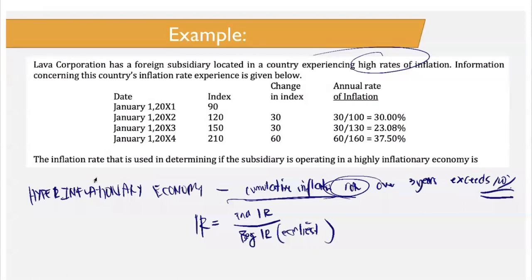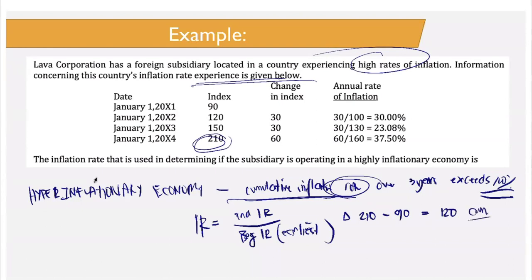Information concerning this country's inflation rate experience is given below. So first we get your ending inflation rate. So our ending is 210. You compute for the change on that ending inflation rate. 210 less the beginning, 90. We have here 120.